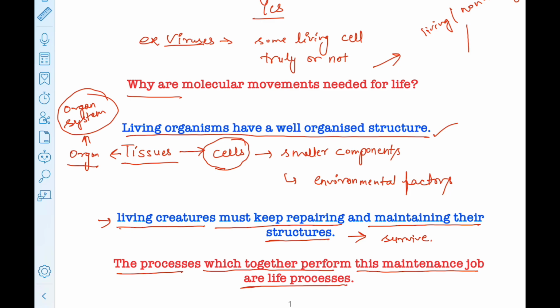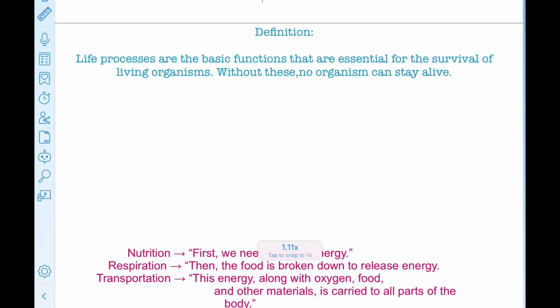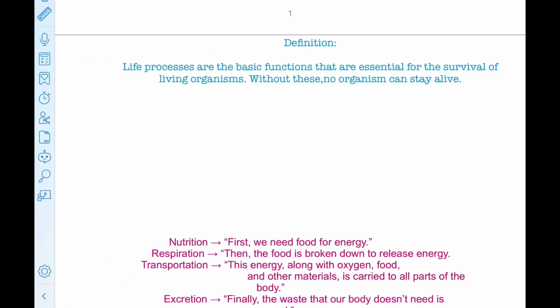I hope this is clear to you all. Now here is the definition of life processes. Life processes are the basic functions that are essential for the survival of living organisms. So we cannot survive without these life processes.